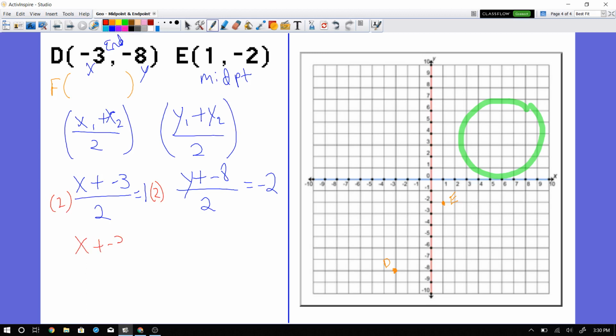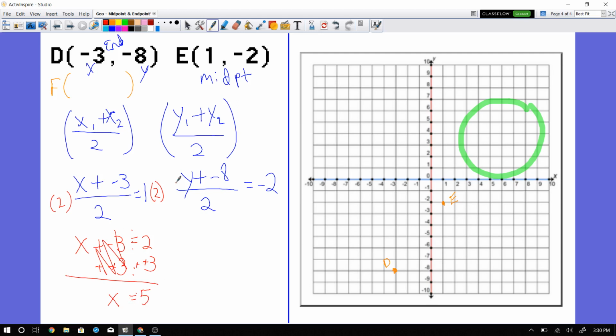X plus -3 equals 2. Now we're to our one-step equation. So, I mean, opposite would be minus -3, which you have double negative is always going to be a positive. So that's going to be x equals 5.